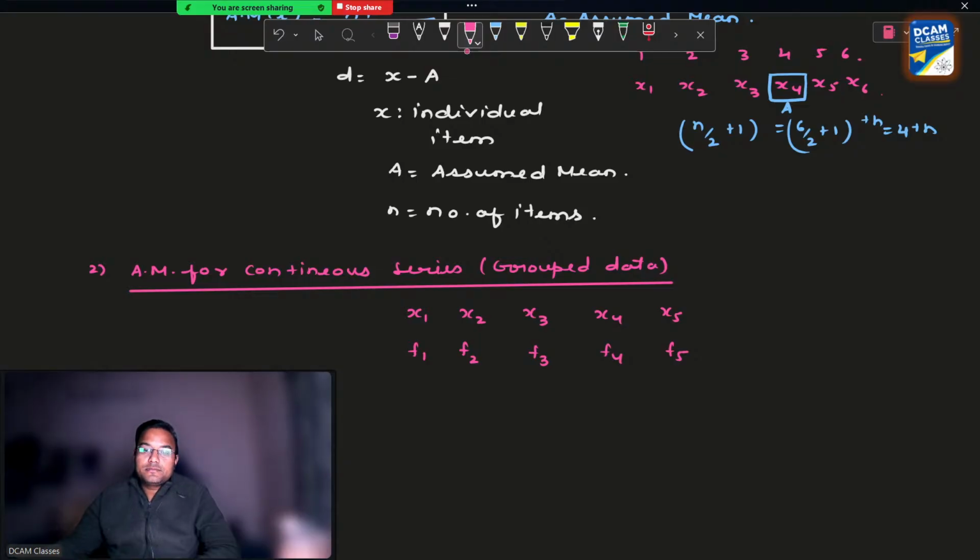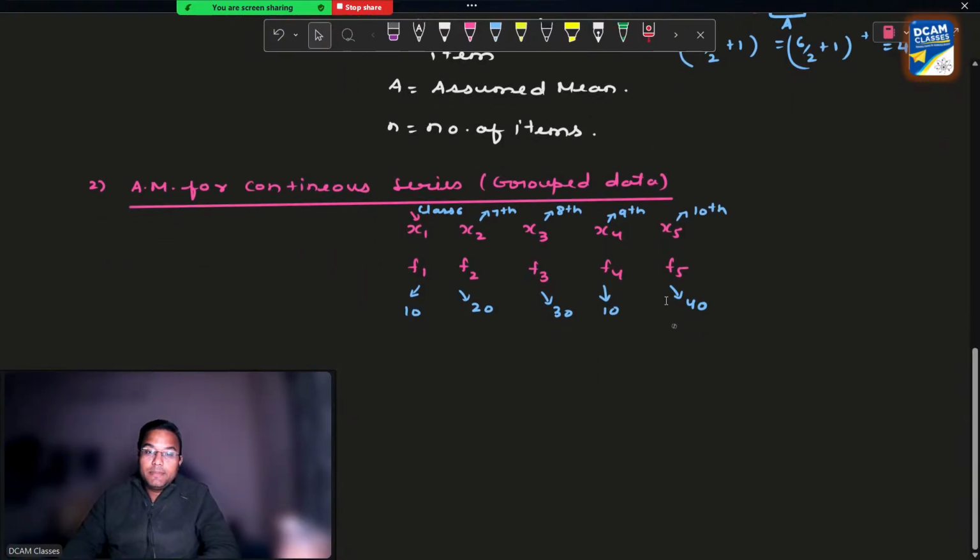I'm giving you an example. Suppose class 6, this is 7th, this is 8th, this is 9th, this is 10th. Now how many students are there in each? 10 students, 20 students, 30, again 10 or 40, depending on the strength of the students. These kinds of data given to us represent grouped data.